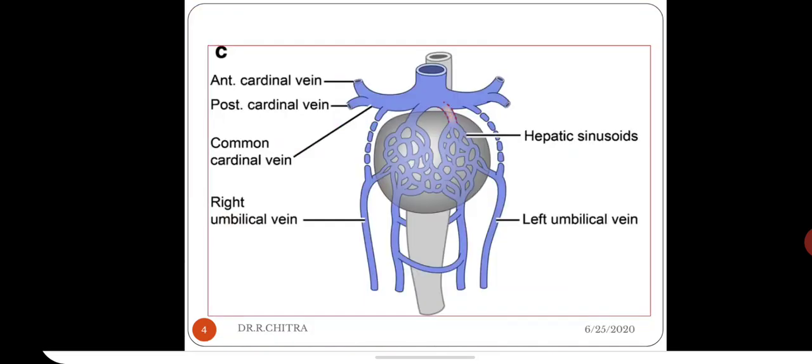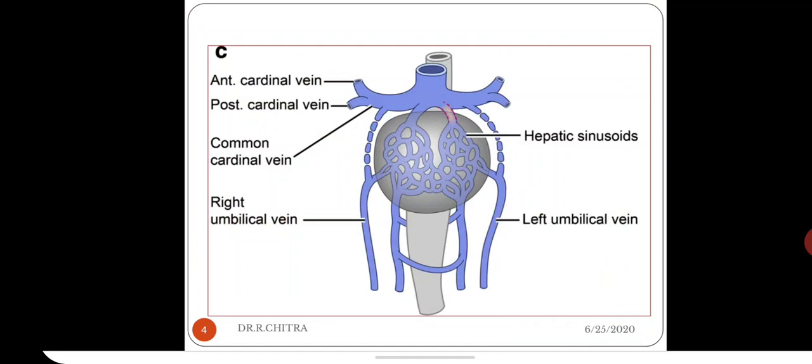Then we started with the changes in the interior of the heart. We started with the changes in the sinus venosus. The sinus venosus at first presented with a body and two horns, so that the vitelline veins and umbilical veins enter the floor of the body of the sinus venosus.